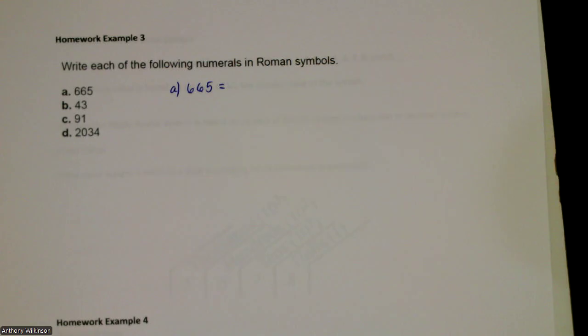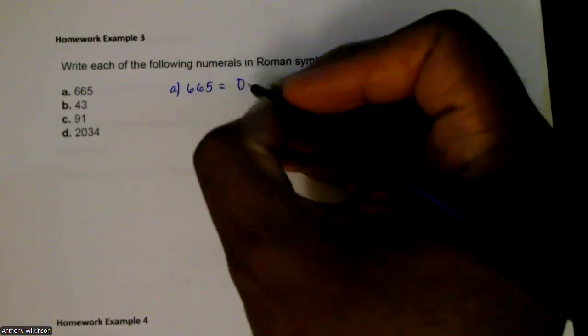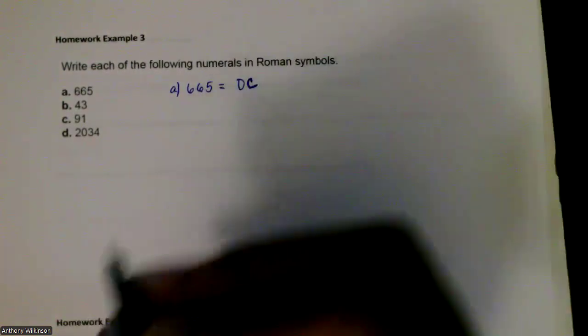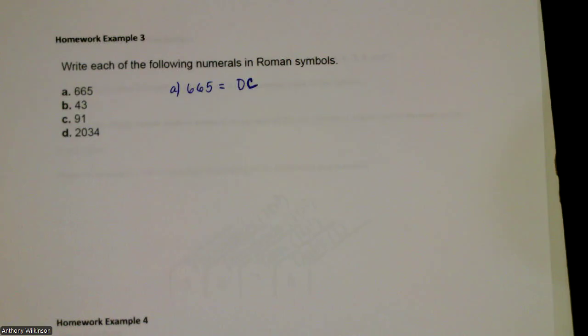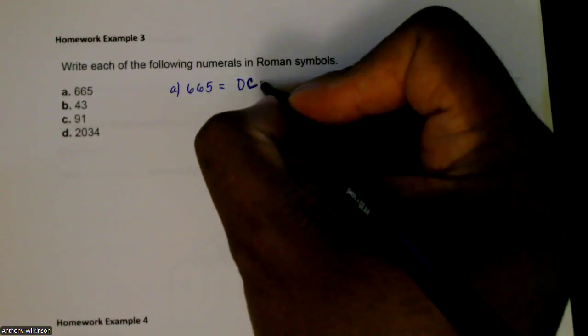Well, in this case, no, I can use the D because D represents 500. So let's use that. And then the C represents 100. So D and C represent 600. And then for the 60, well, let's do this. I use 50 and 10.